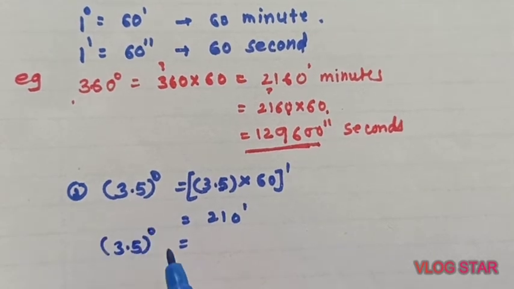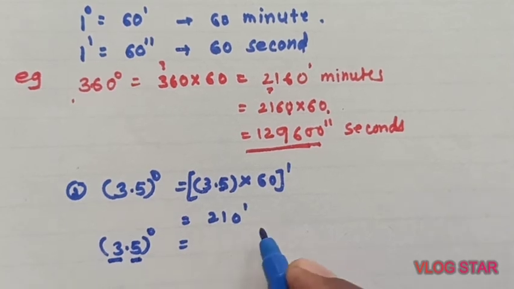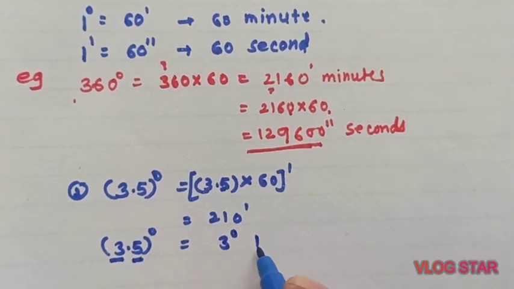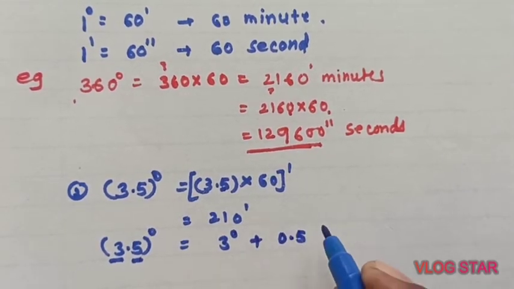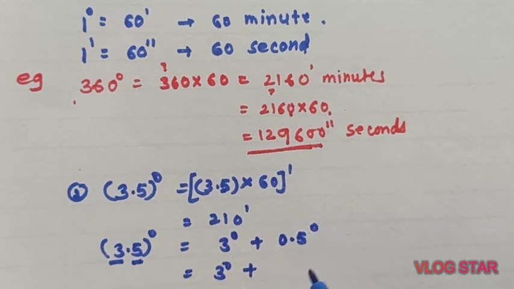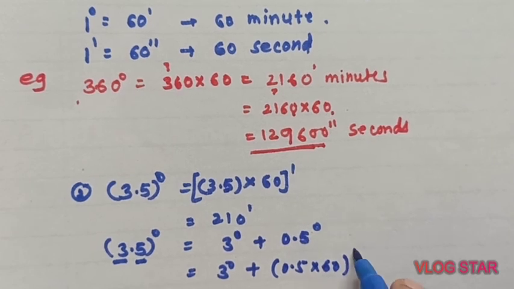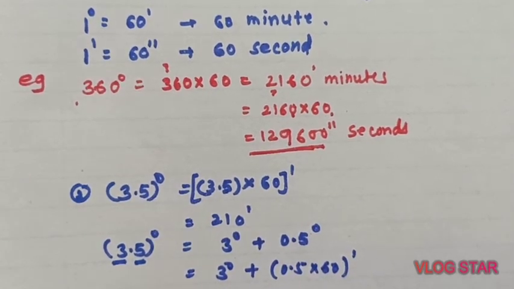Or you can write 3.5 degree by splitting the integral part and the decimal part. So 3 degree plus 0.5 degree. I have split that, so the fractional part we will convert in minutes. 0.5 into 60 is converted in minutes, and 3 remains in degree. So 3 degree plus 6 5s are 30.